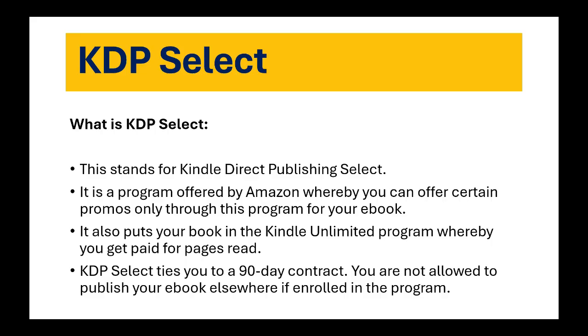What that means is you are not allowed to publish your ebook anywhere else if you're enrolled in this program. So if you want to just do it for the 90 days, you have to remember to go out and unselect the box, and I'll show you that here in a moment. And then after that 90 days, you're free to take your ebook anywhere else.